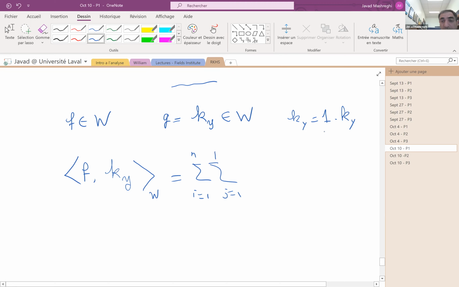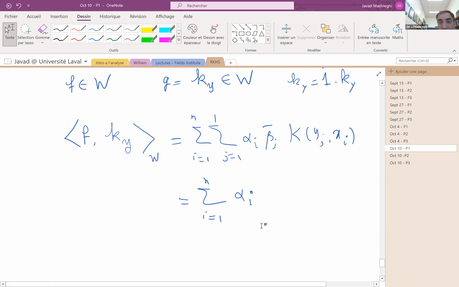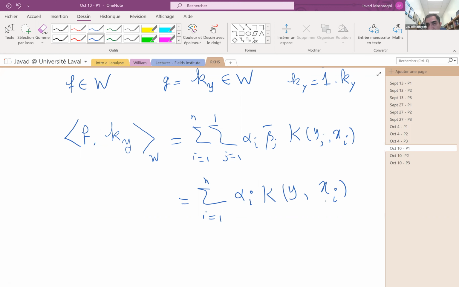j from 1 to 1, alpha_i, beta_j bar, but beta_j is just one of them, just beta_1, k at point y_j, x_i. So I simplify: sum i from 1 to n, alpha_i, beta_1 is 1, k(y_1, x_i) is k(y, x_i). And you have seen this combination before.